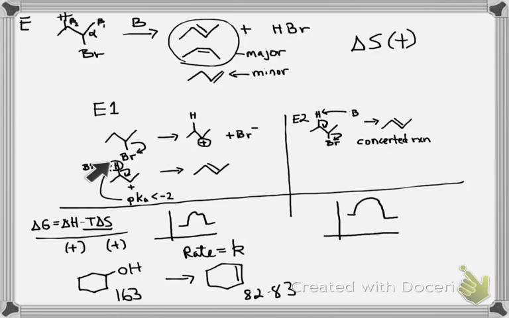Look at this. This is the rate determining step. So it's just going to be the concentration of your alkyl halide. The substrate. I'll just write this RX. And it could be an alcohol too, but then in that case you have to convert it over. So that looks just like an SN1 rate law, right?